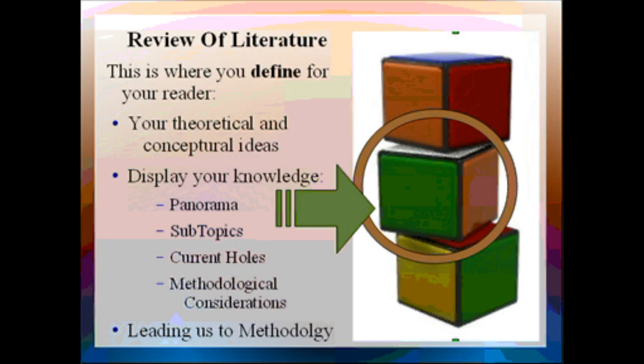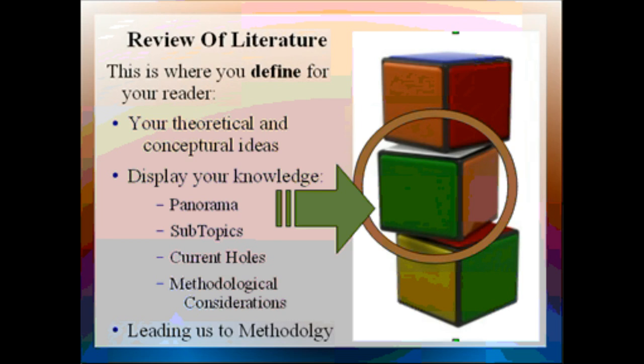The second component is the review of the literature. This is where you prove that you know your topic, and it's where you define for your reader how you, notice I'm putting it, how you define your theoretical and conceptual ideas, what you see as the panorama of this topic, and the subtopics that are so interesting that they bear further study.